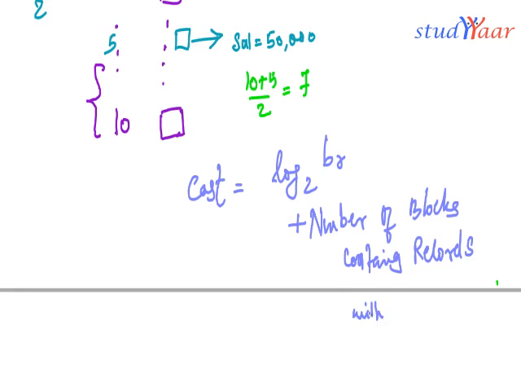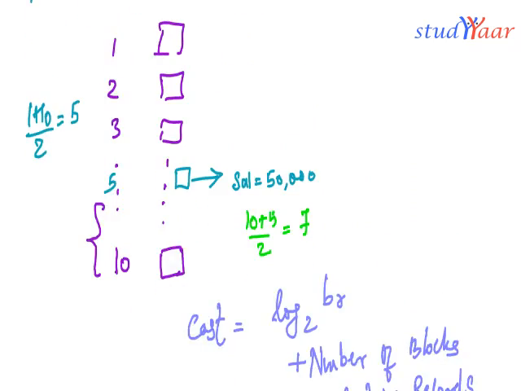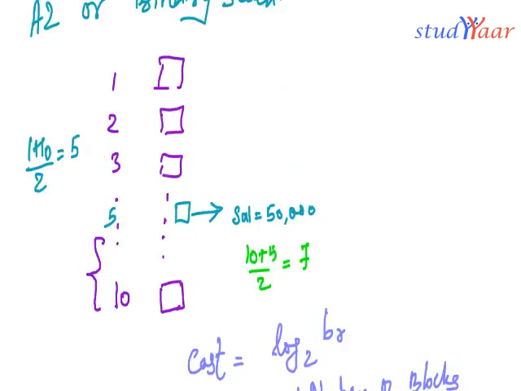It may happen I have found my record in the 7th block, but there are many such records and I may also have to read the 8th block to find all such records having salary equal to 50,000. That is why I add the number of blocks containing records with the same value into my cost factor for binary search.